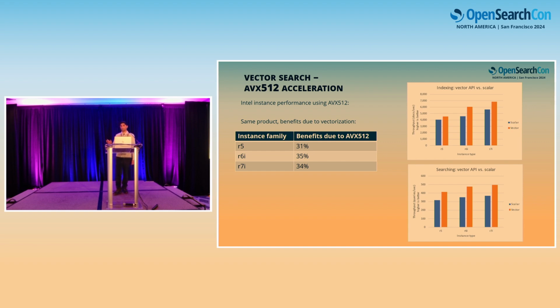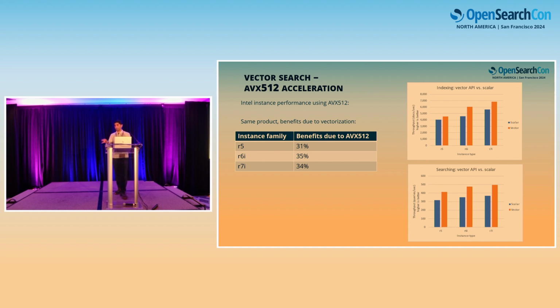Others have reported better results on indexing, and I believe it's very workload dependent. Just by adding AVX512, you can see about a 31 to 35% improvement as a result of vectorization. Even with no machine change, keeping the same machines and just turning on this capability, you can get that much improvement in a vector search benchmark.